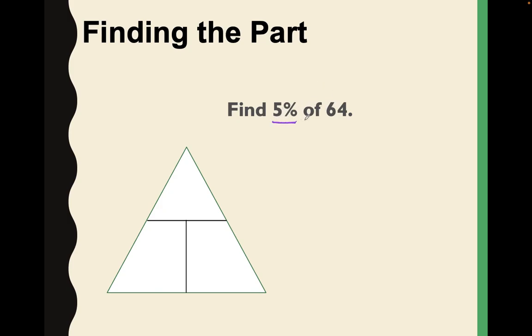Find 5% of 64. Remember, the part goes on top, the percent on the bottom left, and the whole on the bottom right. In this case, we know that we're finding 5% of 64. 5%, before we write it in the triangle, is 5 divided by 100, which is 0.05.